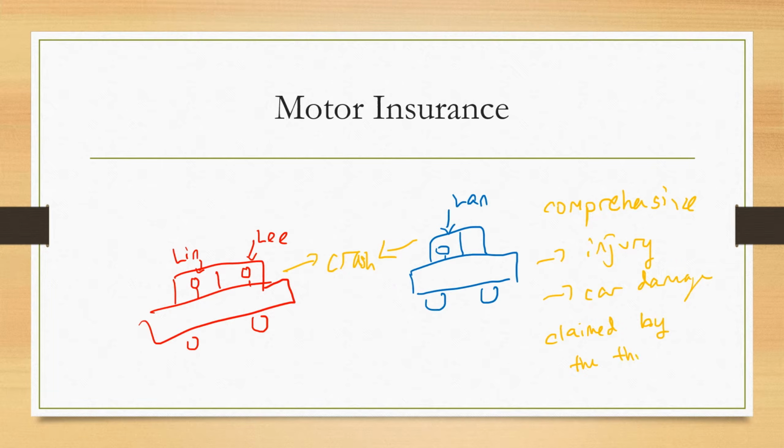Who is the third party? That would be Lan right here. Third party would be Lan, as well as loss and damage of Lee's car. There you go.